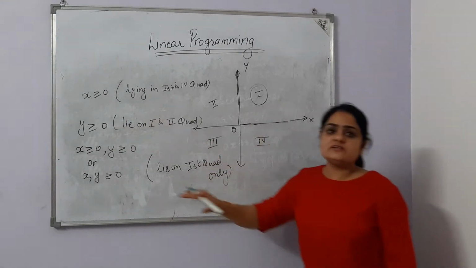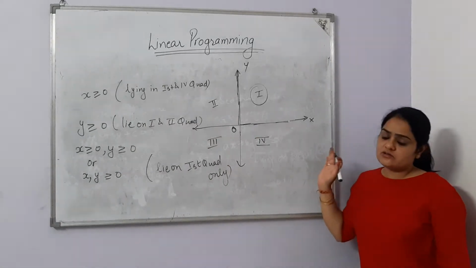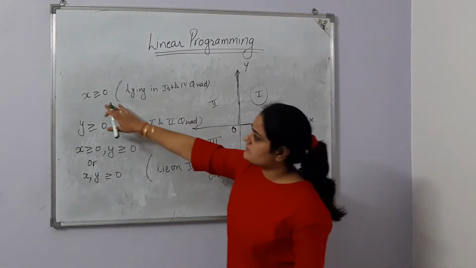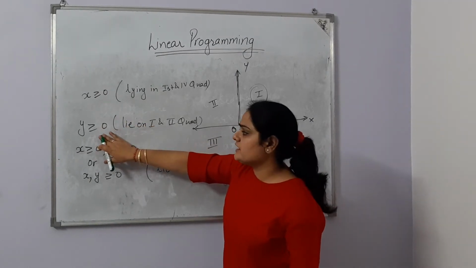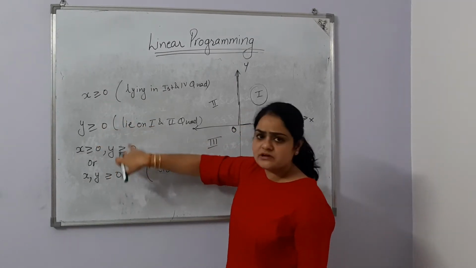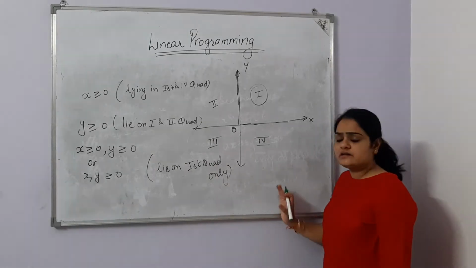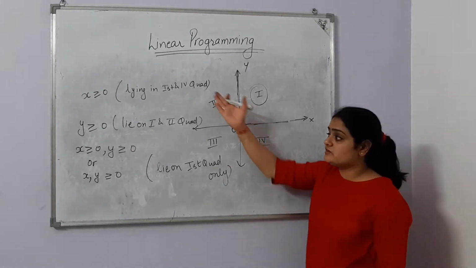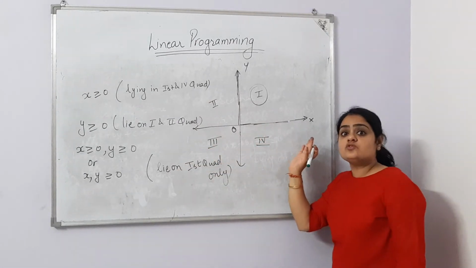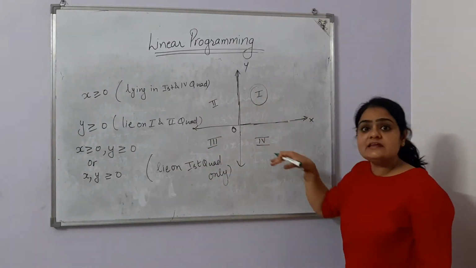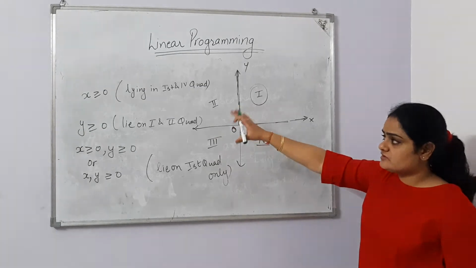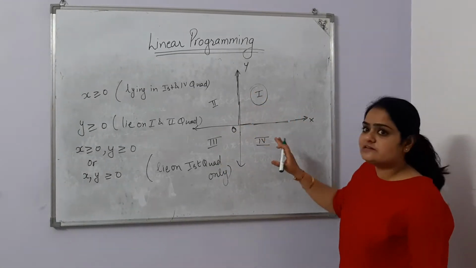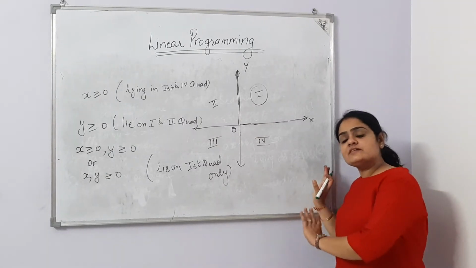Hope these conditions are clear to you. Whenever these conditions come in a question, it varies from question to question. Either x greater than or equal to 0 will come, or y greater than or equal to 0, or both conditions, or there may be no condition like this. That means you are free to draw the graph in any of the quadrants in which the graph is lying.